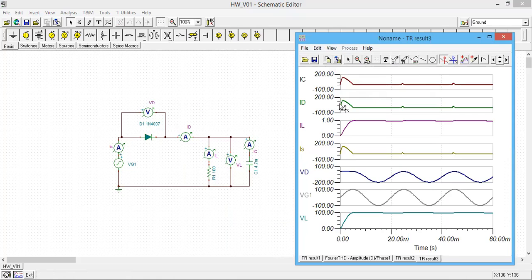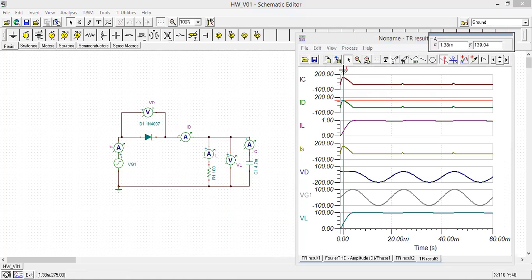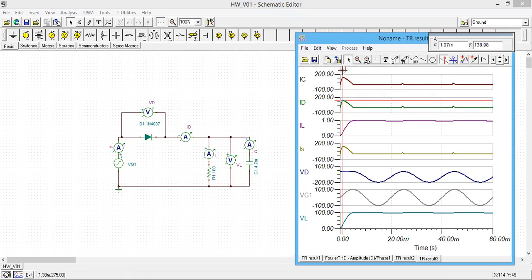Now you can see the diode current, the starting current surge, is around 138.98, and then later it is reduced to 22.4. But if this is higher than the peak current of the diode, definitely the diode will fail.